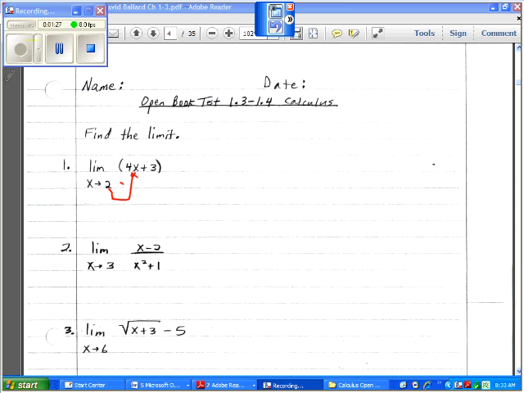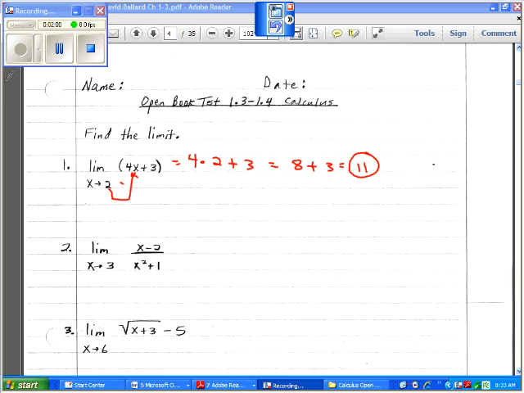So if we just find the function value, 4 times 2 plus 3, that's going to give us the limit. 4 times 2 is 8, plus 3 is 11. And so the limit as x approaches 2 of f of x, which is 4x plus 3, is 11. Any questions on that? Okay.